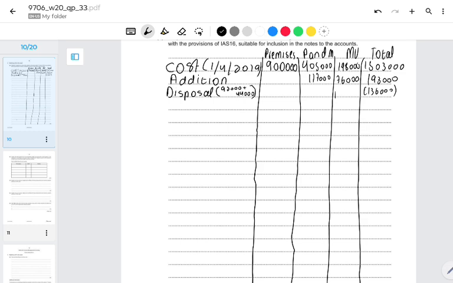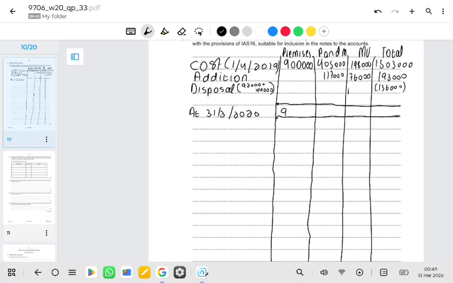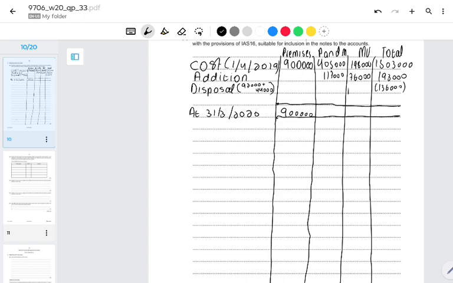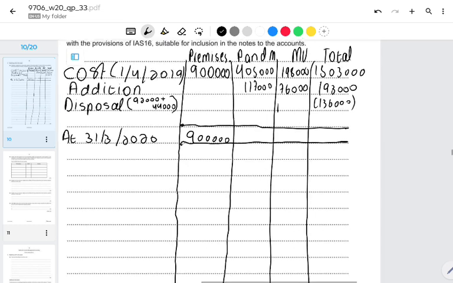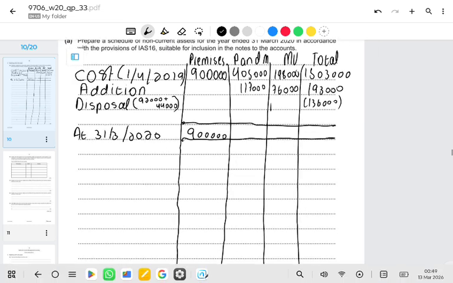Now we will calculate the final cost of it, that is at 31st March 2020. Okay, wait 1 minute. You have to show it with a double line that you are calculating the final cost. For premises it would remain the same, 900,000. For plant and machinery it would be 405,000 plus 117,000.